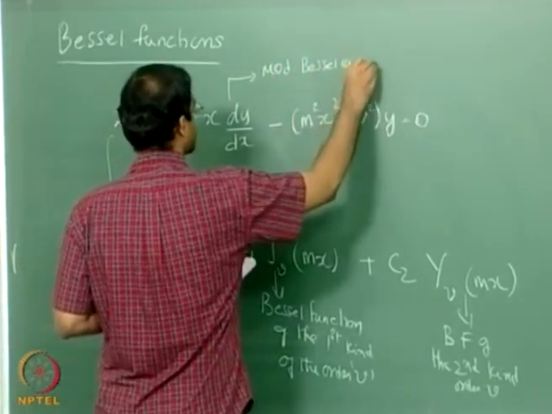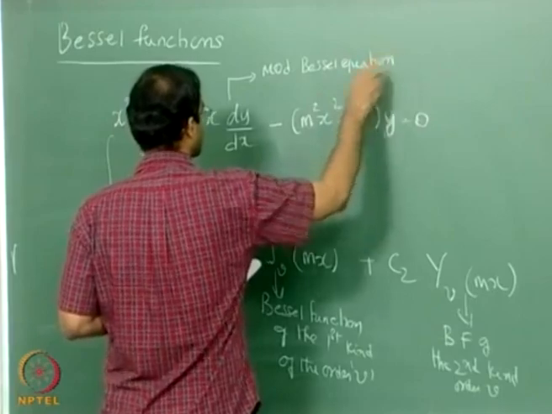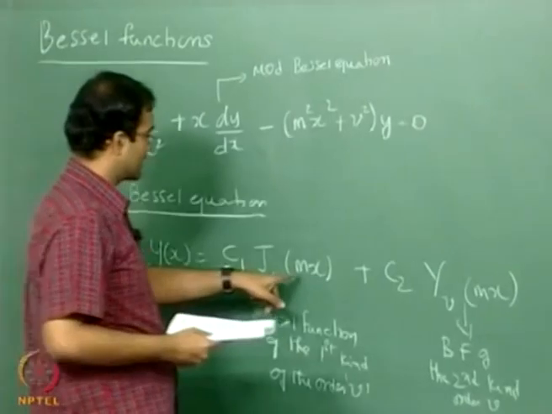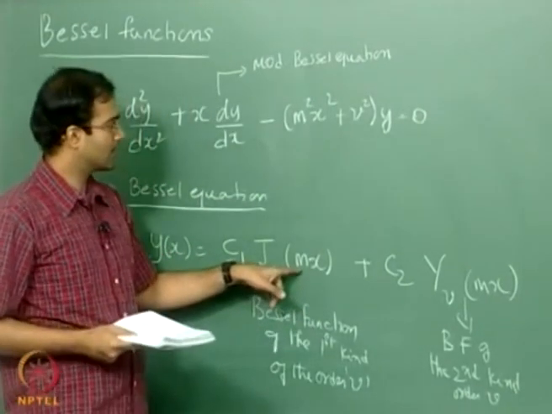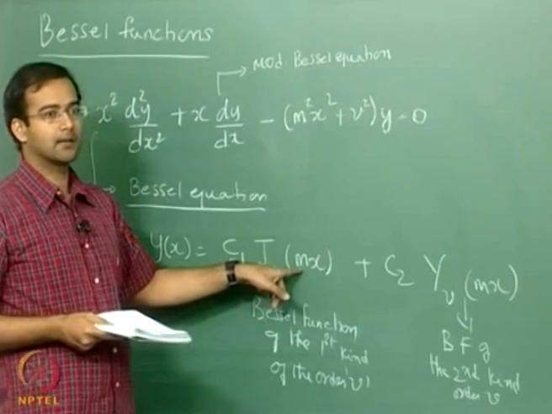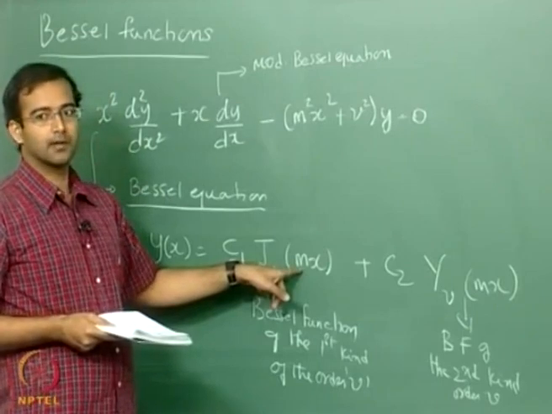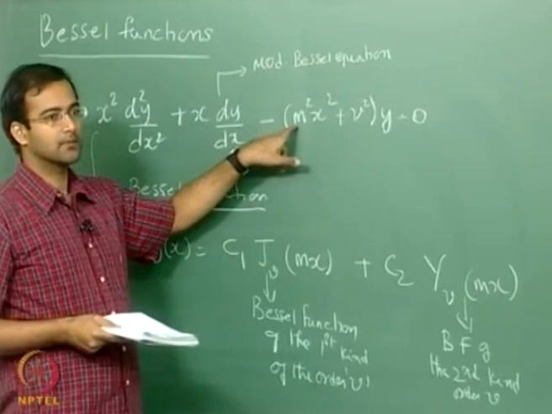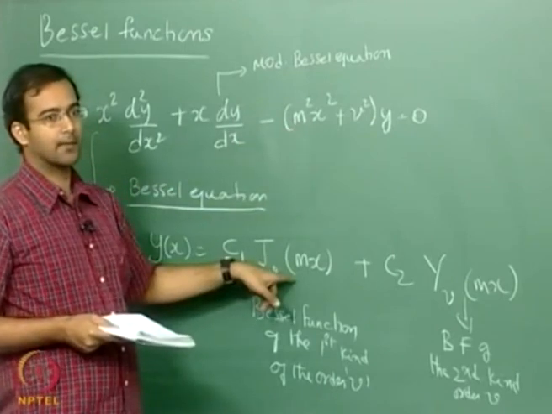It's the same structure as the Bessel equation, only the coefficient term will have a negative sign, and correspondingly the solution changes. Once this is negative, m will become mi, basically an imaginary number.